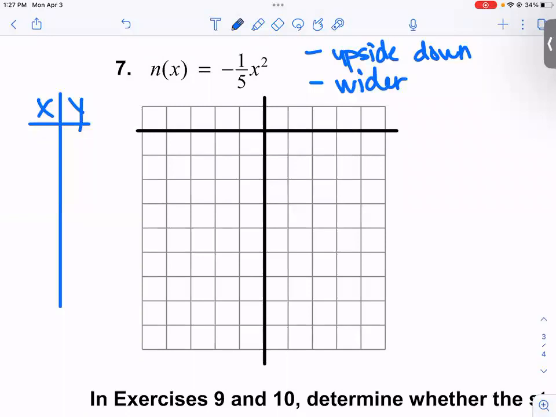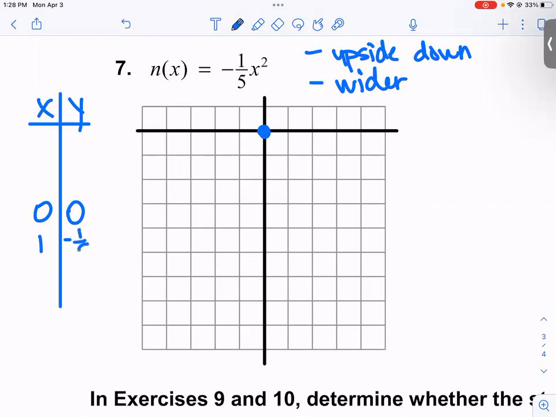Okay, so when I plug in 0, we get 0. It's what all of your vertex points are going to be at (0,0) today. Now, what happens when we plug in 1? What do we get?